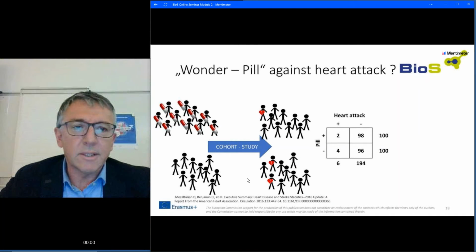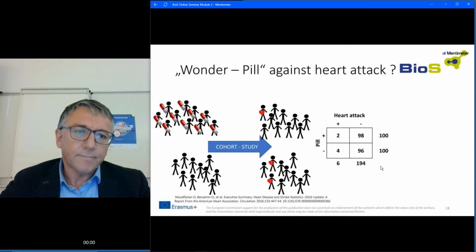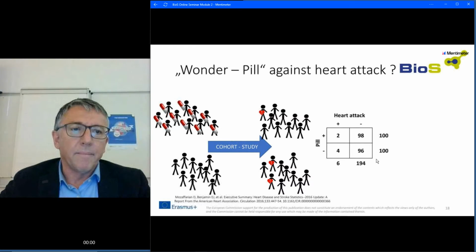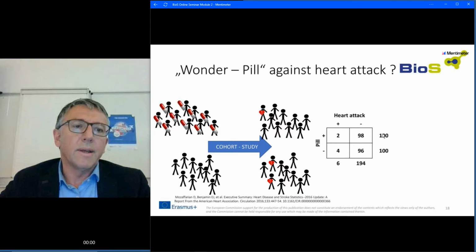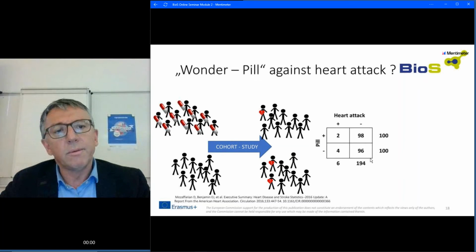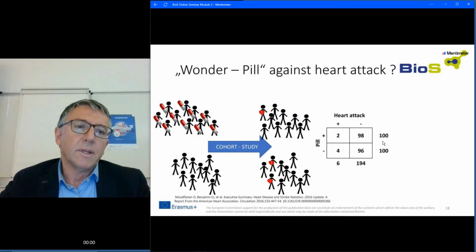Now I will be a little faster because you're already familiar with this concept of 2x2 tables. And now you see that the numbers are different as compared to the case control studies. In the case control studies, we had an equal contribution between people with heart attack and people not having a heart attack. And now we have an equal contribution of people who obtained the pill and people who did not obtain the pill.